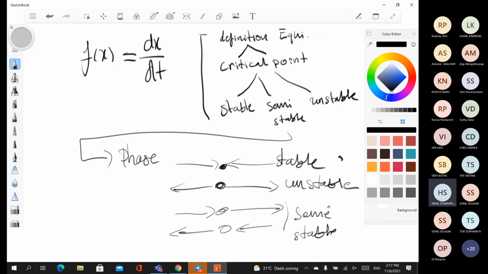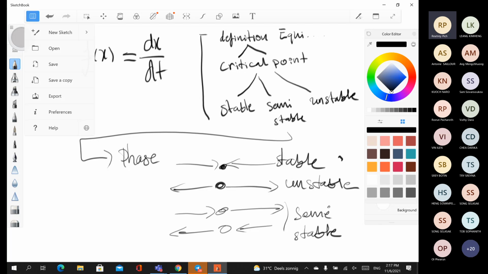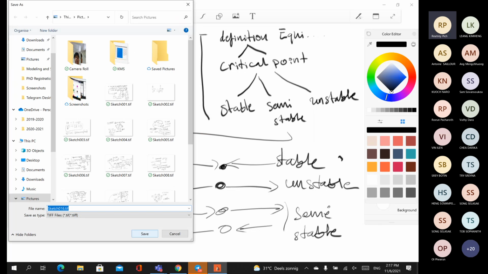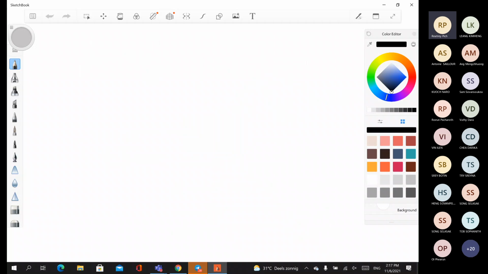Teacher, how can we define the arrow direction? Okay. The arrow direction, there are two things. Okay, I just go to the next slide. As you see at the moment, when we talk about the arrow direction, we have two directions: one is the left arrow, one is the right arrow.